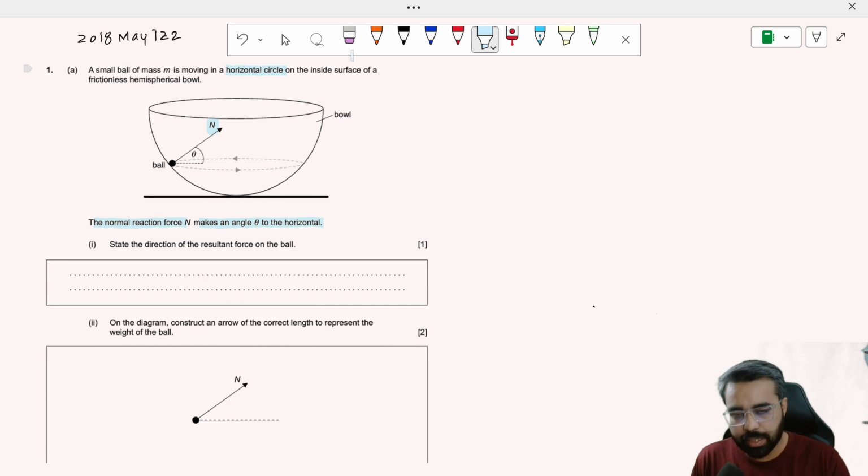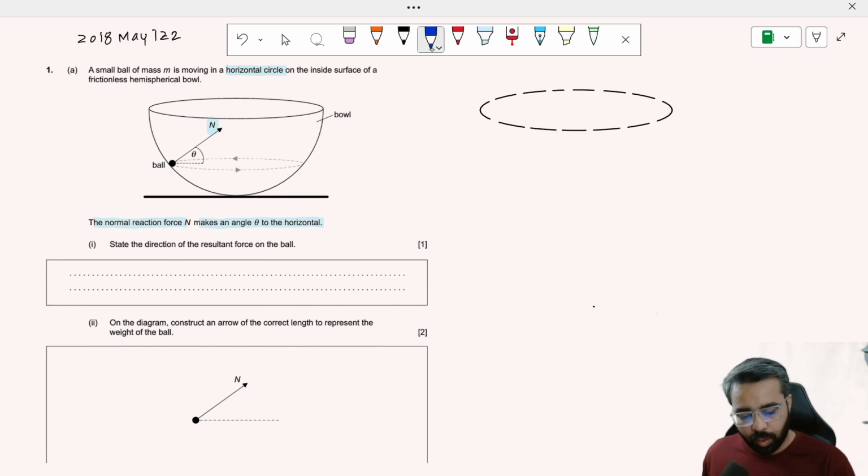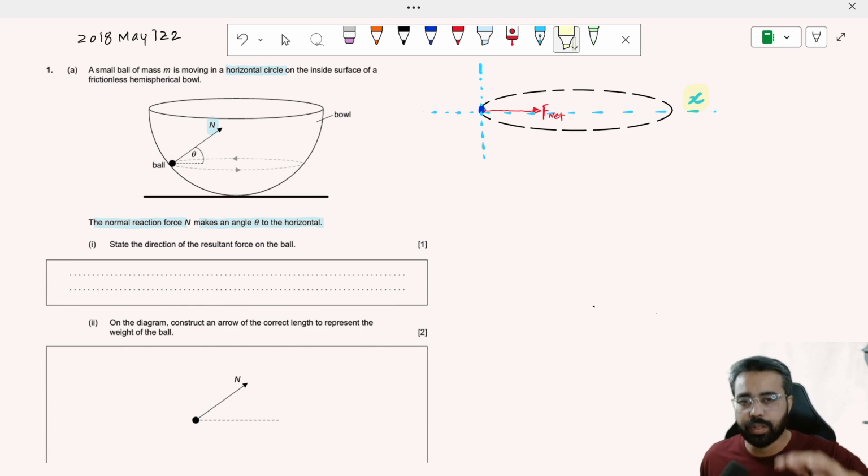Before I answer this, I want to tell you one concept: for any horizontal circular path, the resultant force will always be along the x-axis, like this. If our chosen rectangular coordinate system has this as the x-axis, then the resultant force will always be horizontal, in this horizontal plane.